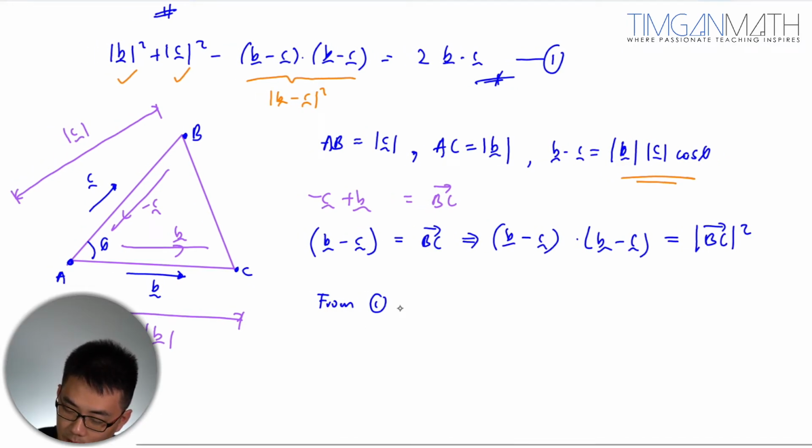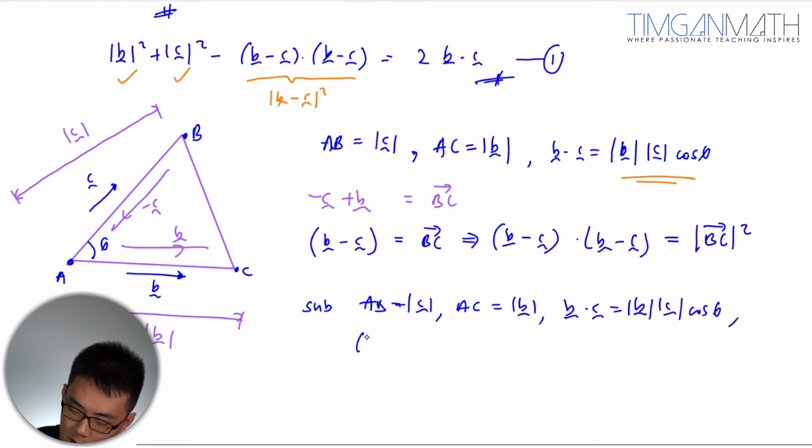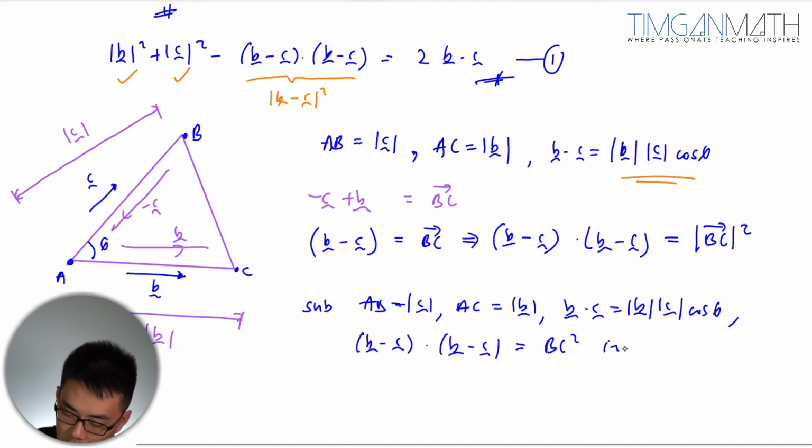So from 1, substituting all this expression here: AB equals mod C, AC equals mod B, B dot C equals mod B mod C cosine theta, and B minus C dotted with B minus C equals BC squared, into 1.